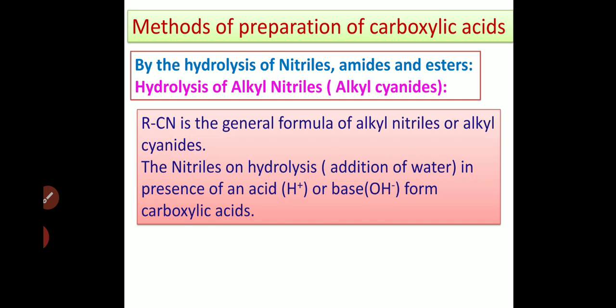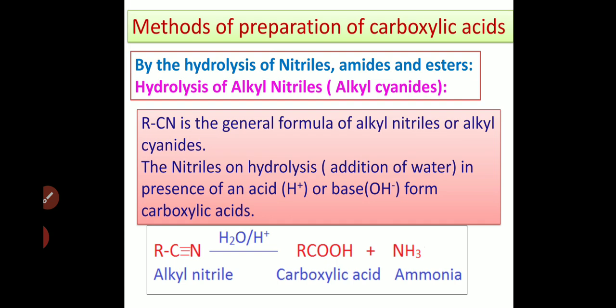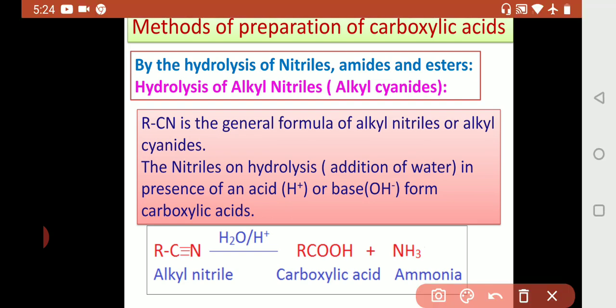What is the equation for this? Alkyl nitrile on hydrolysis, with H2O and H plus on the arrow, in presence of an acid forms RCOOH, carboxylic acid, and ammonia.